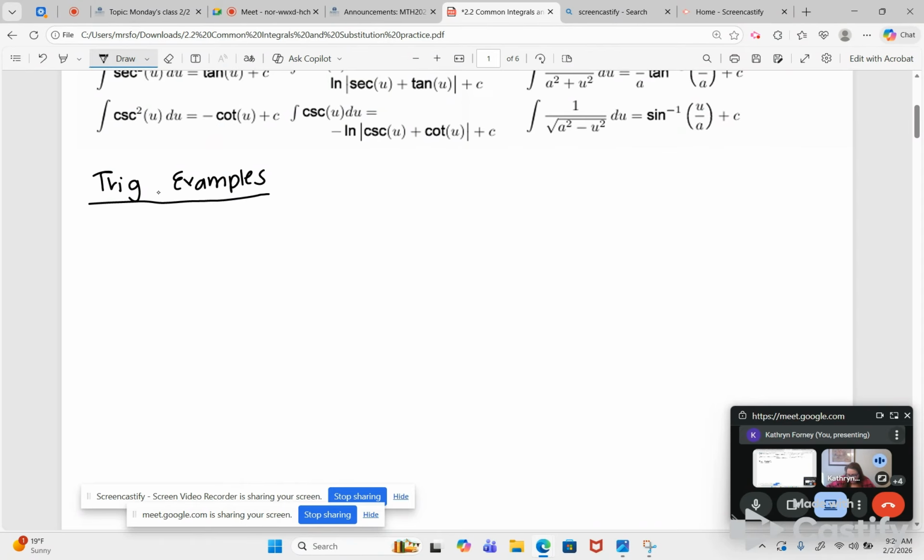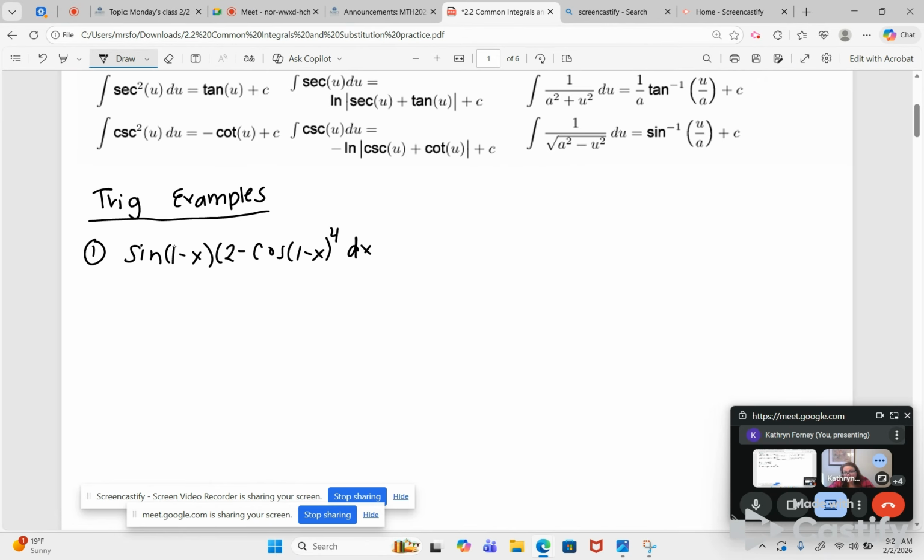So say I have sine 1 minus x times 2 minus cosine 1 minus x to the fourth.